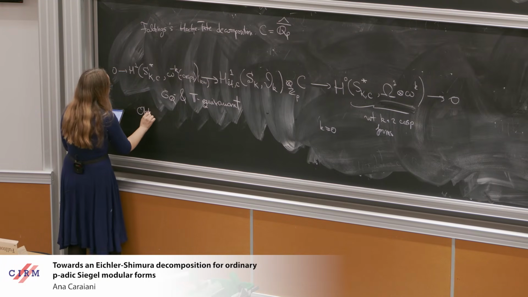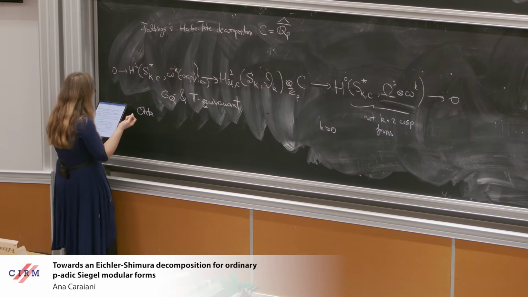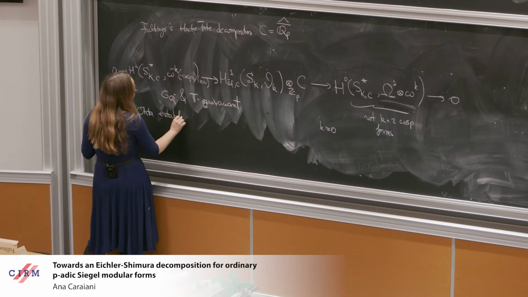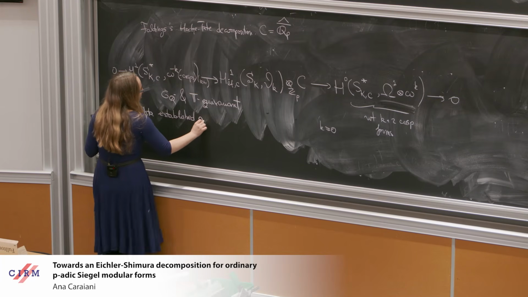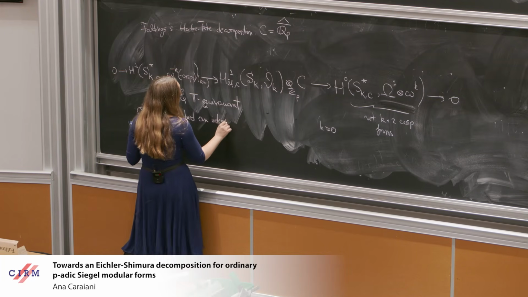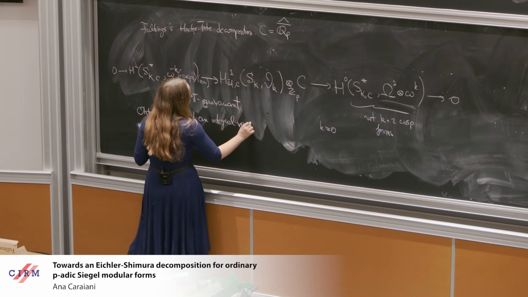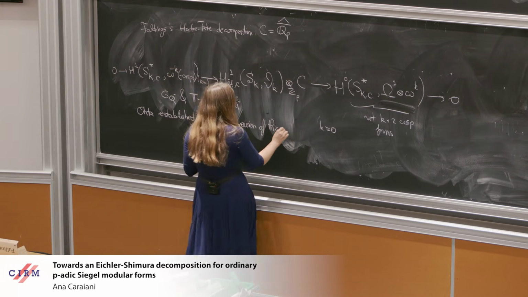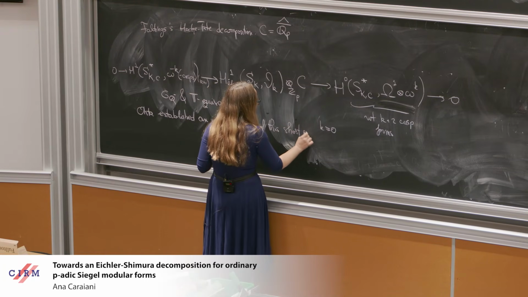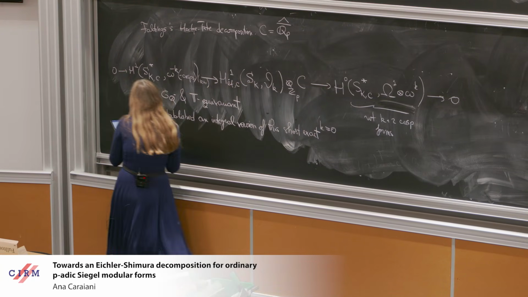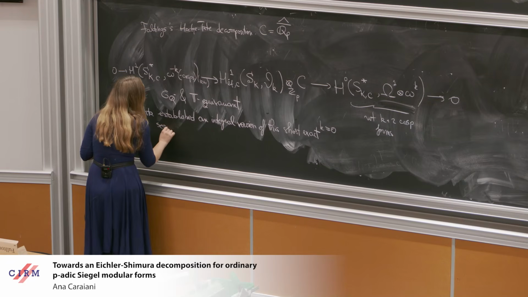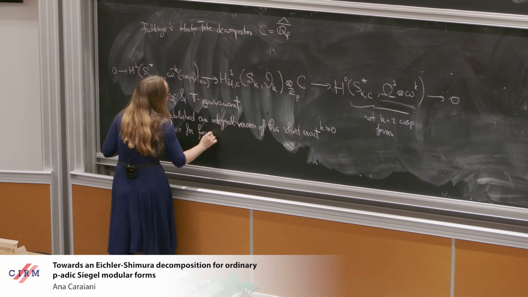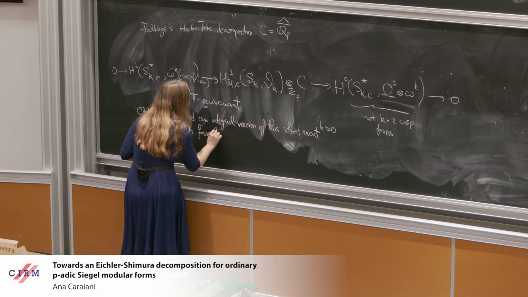So I'll just say about 25, 30 years ago, Ohta established an integral version of this short exact sequence for families of ordinary p-adic modular forms.